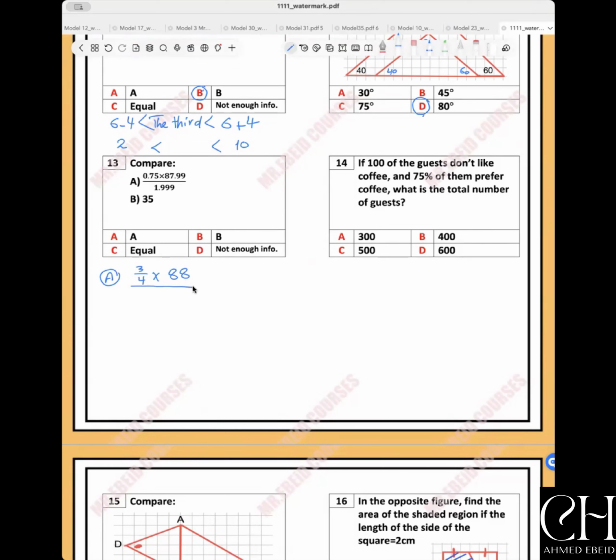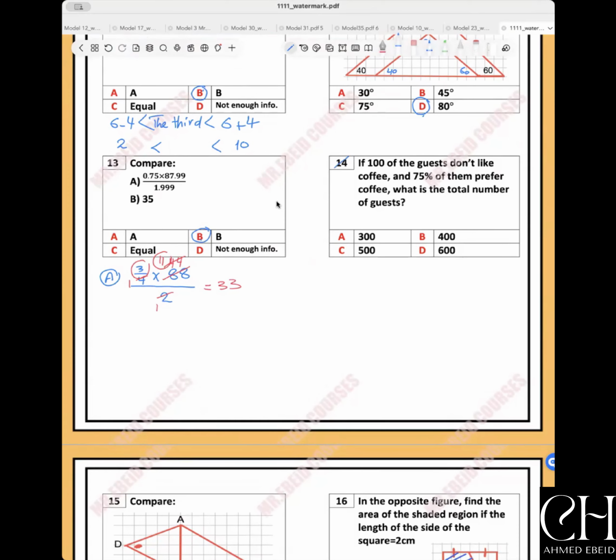And you can also round the denominator, 1.999, to 2. Then you can simplify. Divide by 2 equals 1. Divide by 2, it will be 44. And you can also simplify. Divide by 4 equals 1. Divide by 4, it will be 11. So it's 3 times 11, which equals 33. Now we have A is 33 and B is 35. It means B is greater.